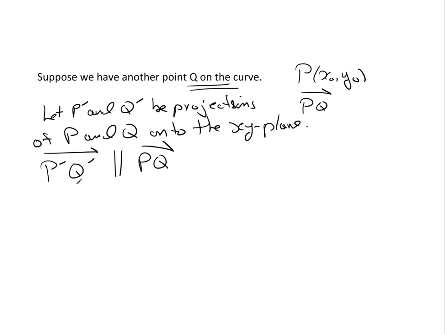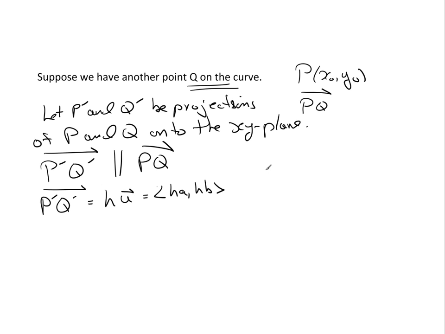So, that means that I can actually represent P prime Q prime as equal to h times u, where if I let u equal <a, b>, that's going to be the vector <ha, hb>, for h obviously some scalar.